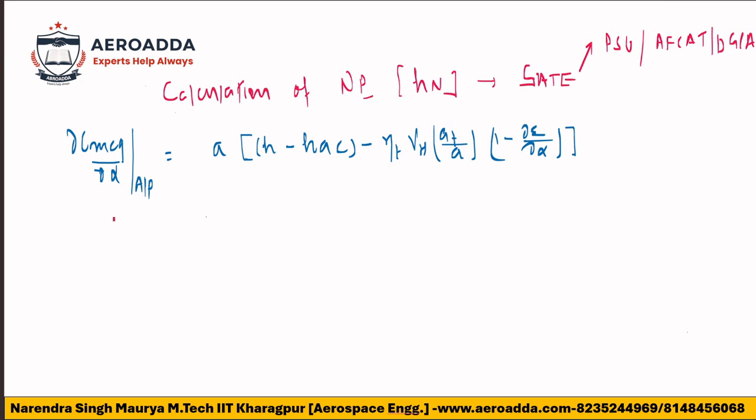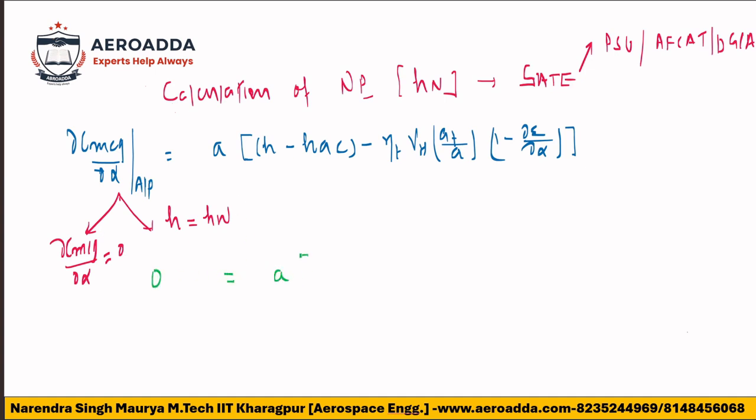So what will I do? I will say this dCMCG by d alpha must be 0, and it will be 0 when h is denoted by hn. So I will keep this value equal to 0 as per definition.